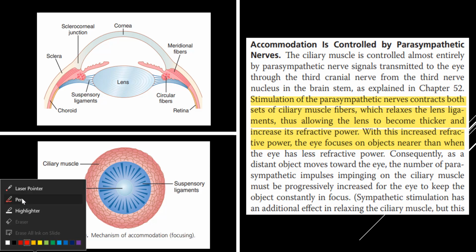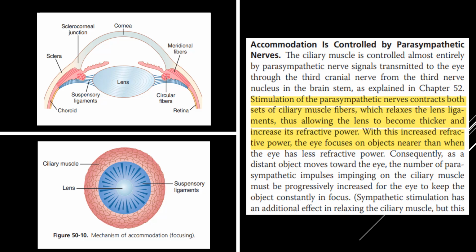With its contraction, imagine with me, this ligament will become relaxed. And with this relaxation, the lens will not be stretched, so it will become thicker. That's for near objects, when the parasympathetic nervous system is activated.